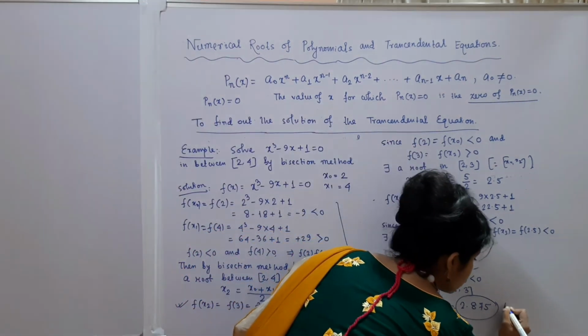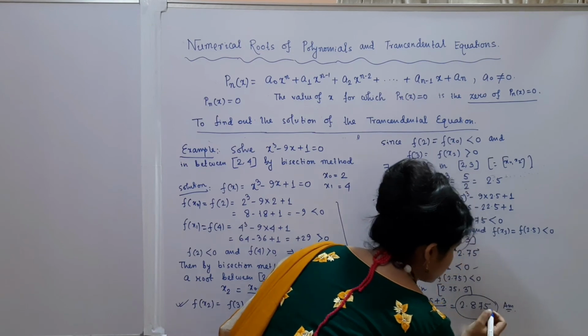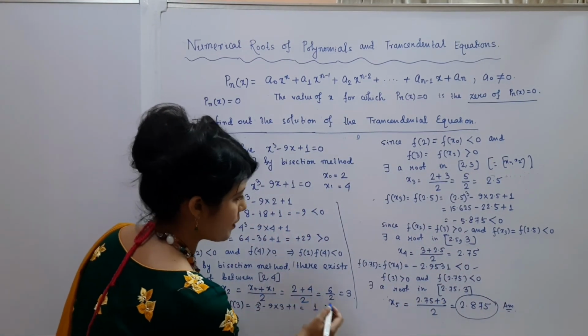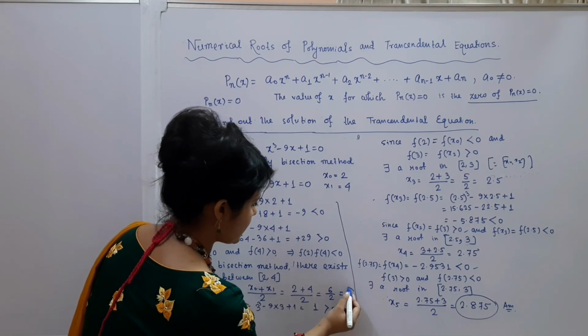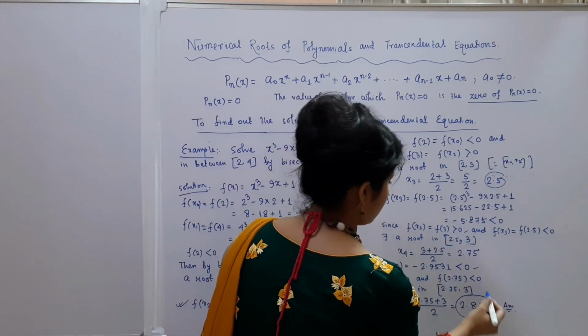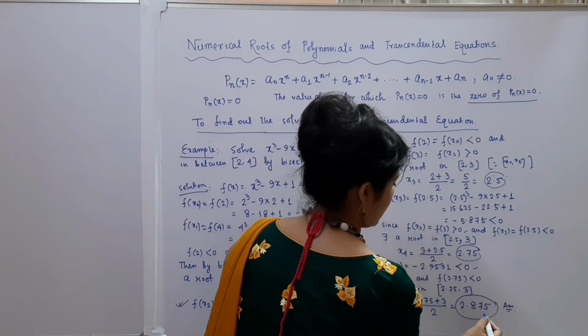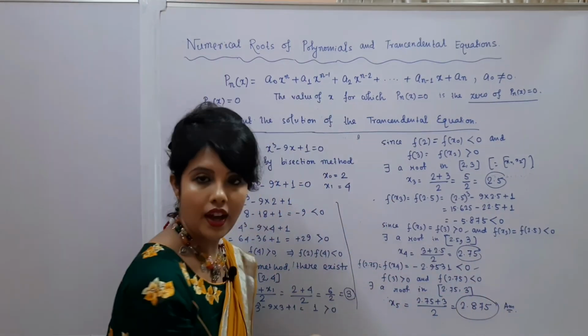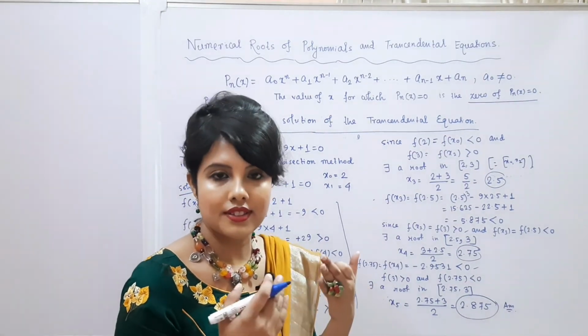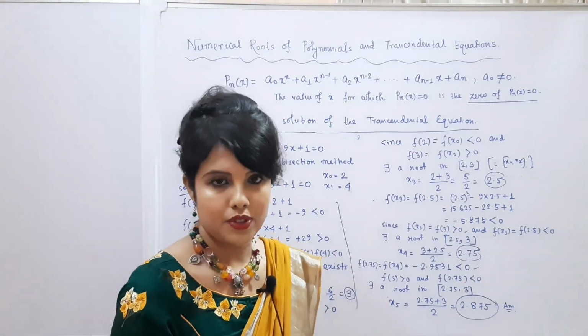So this is the root of the equation, and each time it is giving a more appropriate value. First it was 3, then 2.5, then 2.75, then 2.875, so it gives a more accurate root at each step.